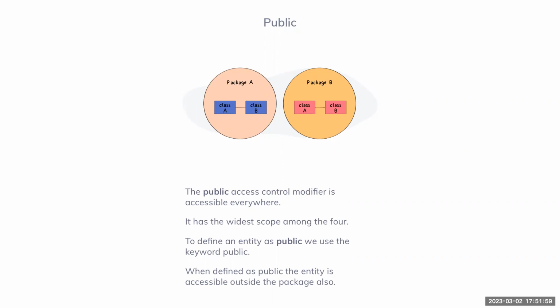Whenever you want to define an entity as public, you have to use the keyword public. So that means public class A, that's what we are going to write. When you define it as public, that entity will be available for all other classes without any problems.